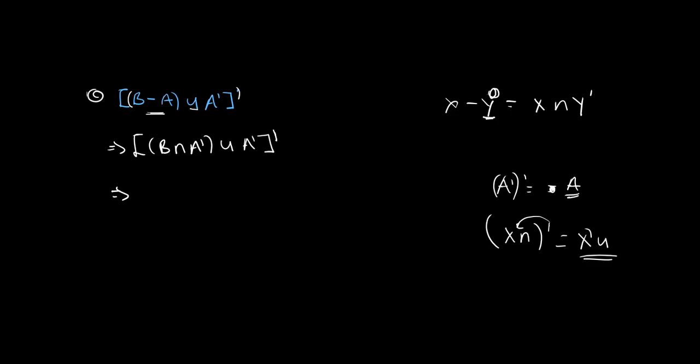So we are going to distribute this here. That will be B intersection a complement like that. Then that will be now our complement there. Then the moment it crosses the union, that will be the intersection. Then here complement times complement will just give you a.